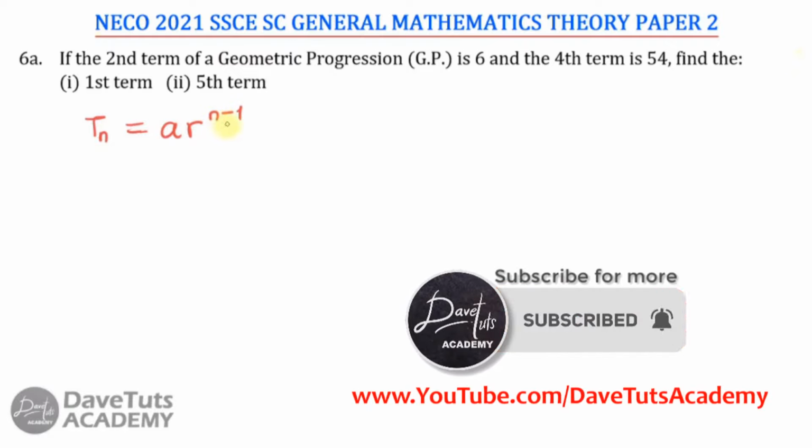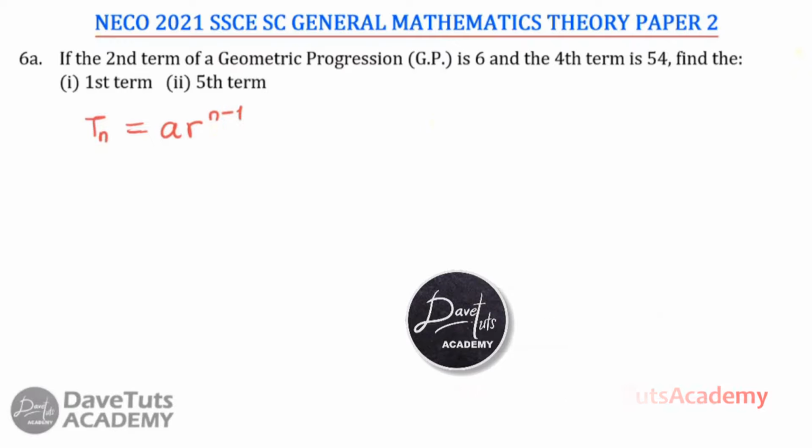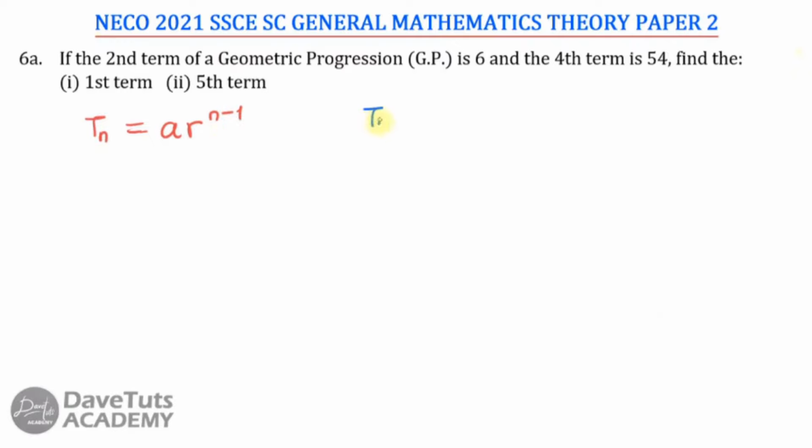In this particular question, we are already told that the second term T2 is 6, and the fourth term T4 is 54. If we want to apply this formula, T2 is the same as A, which we don't know yet, multiplied by the common ratio r, which we don't know also, raised to power n minus 1.